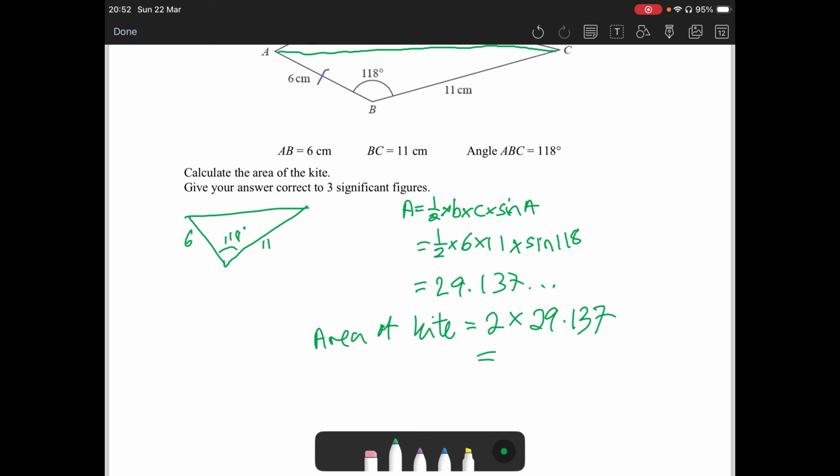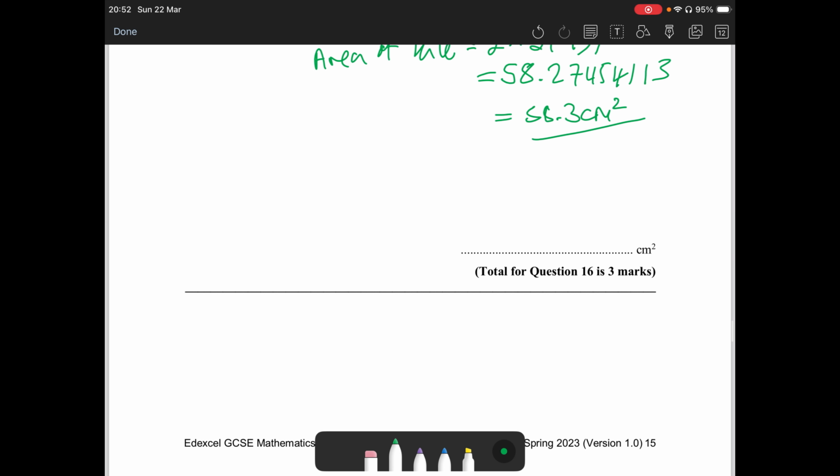You could use the formula again if you don't believe me, but it's a bit of a waste of time because the answer is 58.27454113, which to 3 significant figures rounds to 58.3 centimeters squared. Always remember your units, but in the answer line, they've kind of told you it anyway.